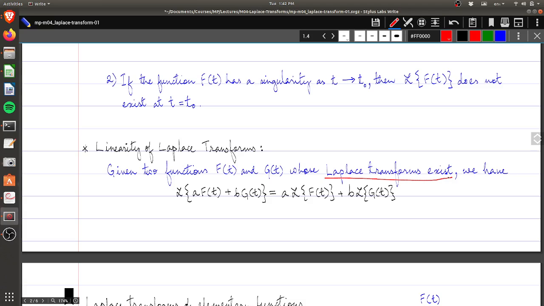Then we have the Laplace transform of a linear combination. That's why it's called a linearity property, because we are talking about a linear combination of these two functions. The Laplace transform of a linear combination of functions is equal to the linear combination of their Laplace transforms.